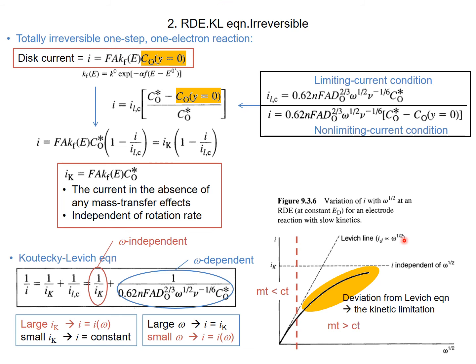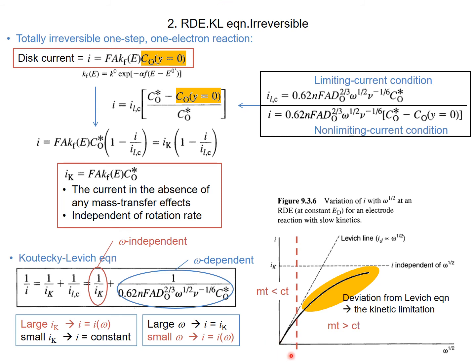However, the other line is called the Koutecký line because this line is independent of omega, and the value of the current is the Koutecký current, which is defined as nFA times the rate constant times the bulk concentration of reactant. The experimental data starts from the Levich line, then deviates, then finally approaches the Koutecký current. Let me explain that in more detail.